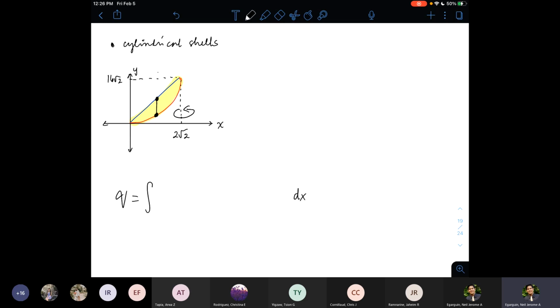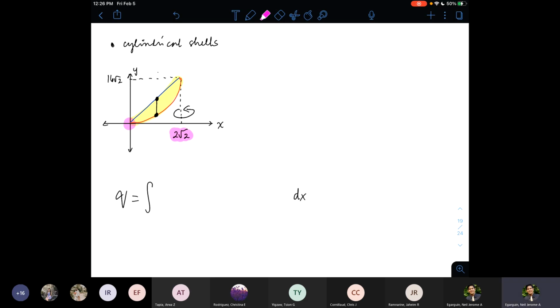And then the integration will be carried out from the starting point of the region with respect to the x-axis. So it started at x equals 0 and will end at 2 root 2. Again, the bounds will be the bounds for the region. So regardless of where the axis of revolution is, the bounds will always be the starting x value and the ending x value of the shaded region.